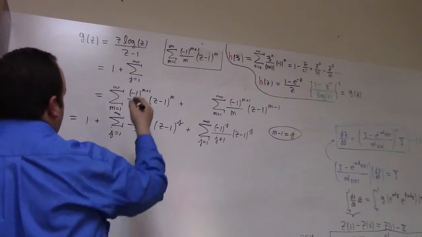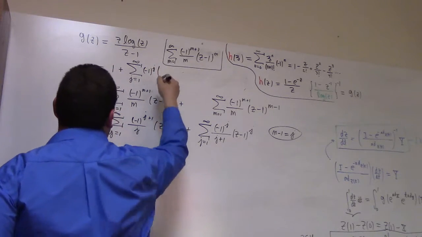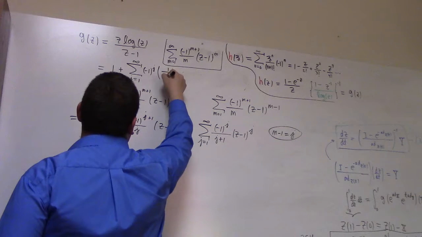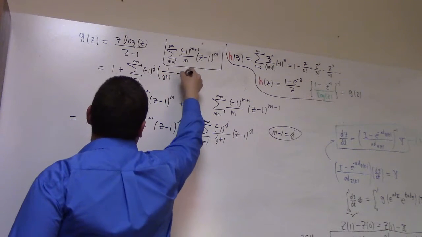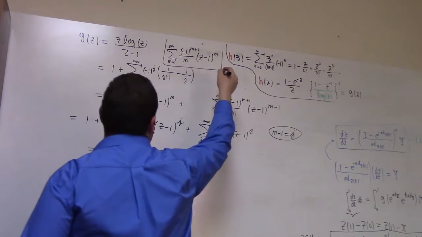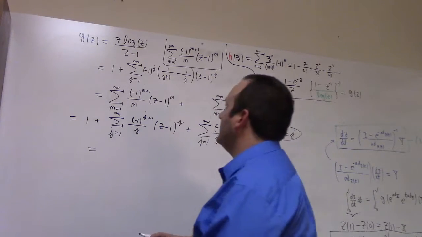I can say minus 1 to the j times what? Times 1 over j plus 1, right? Yeah, minus 1 over j. And that's all times z minus 1 to the j. There you go.